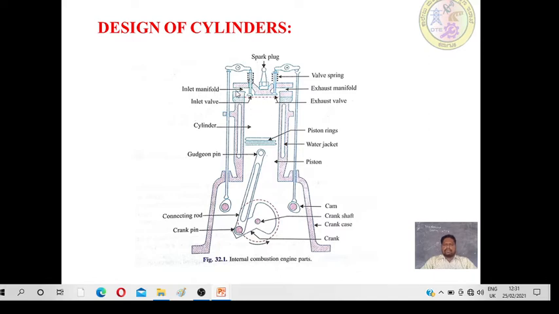So we have inlet manifold here through which the charge enters into the engine cylinder, and we have exhaust manifold here.